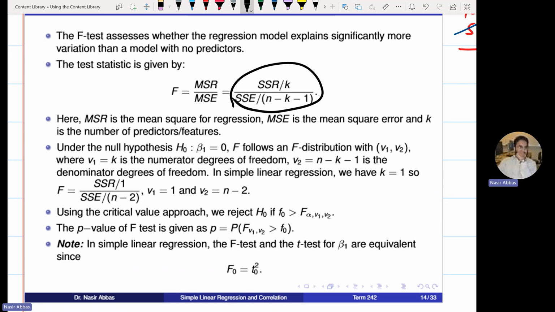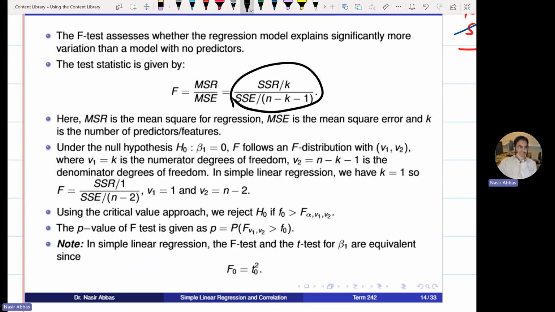Now, again, I take the SSR, which is the explained variation. I divide it by the number of features. For chapter 11, how many features do we have? 1. The variables on the right side, features, predictors. I have 1 predictor.